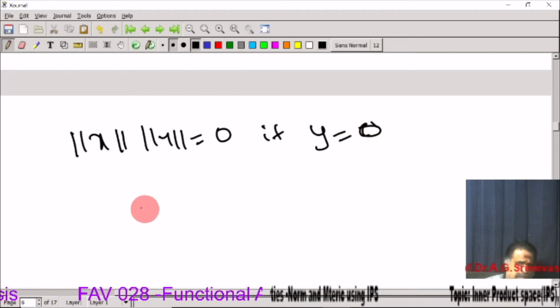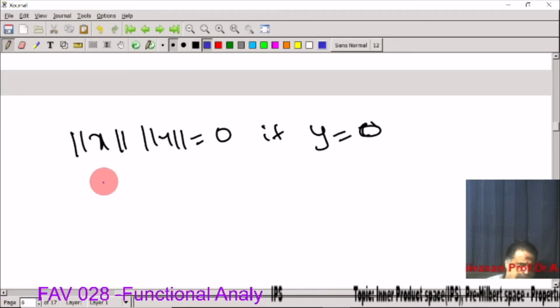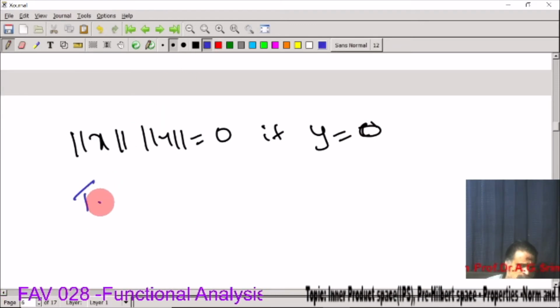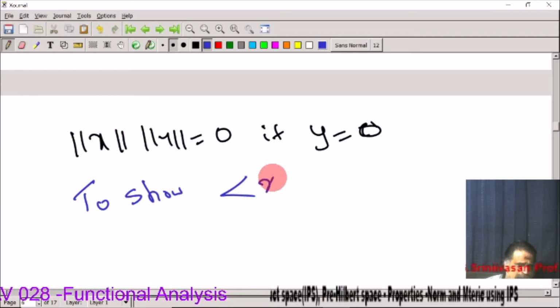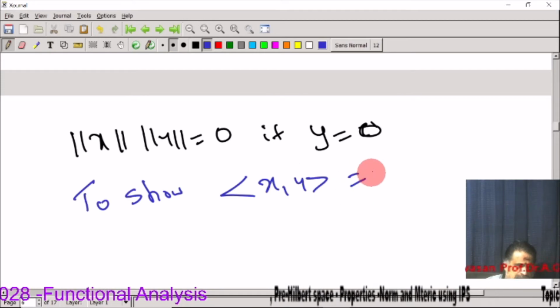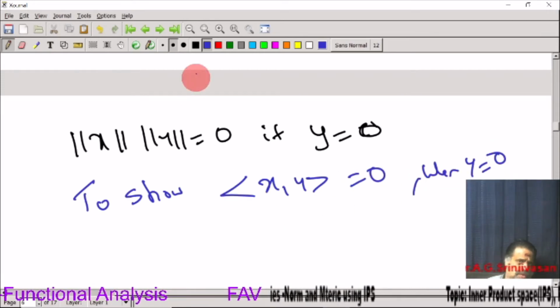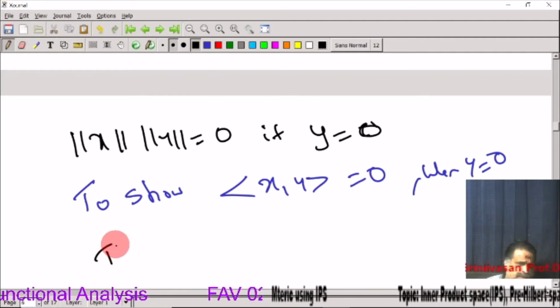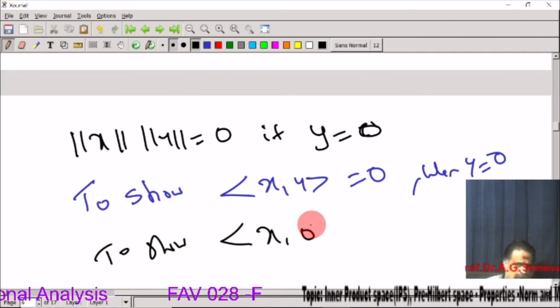Now, we want to show something else. We are going to show that inner product xy is 0 when y is equal to 0. Or equivalently, we need to show that inner product x0 is 0.